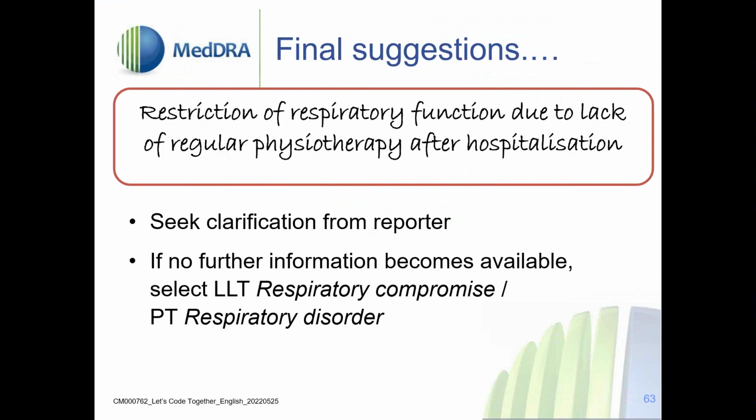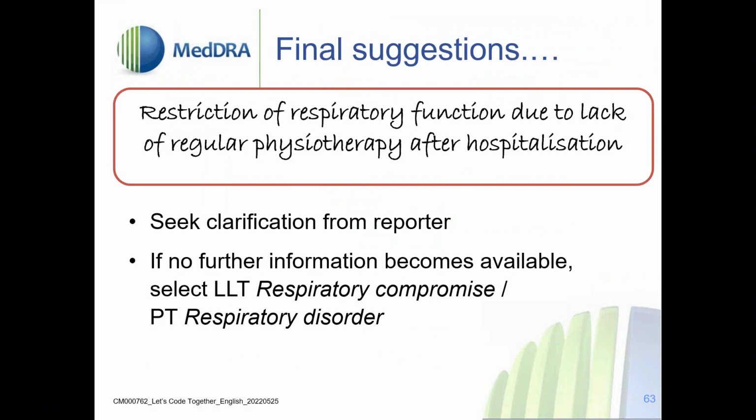And here are our final suggestions. Some of you have also voted for seeking clarification for this verbatim, because this is a vague report that could describe a quite severe or even serious respiratory condition. It may affect the lungs, and these represent a vital organ. So therefore, we would first query to get more information about the exact etiology of the respiratory restriction.